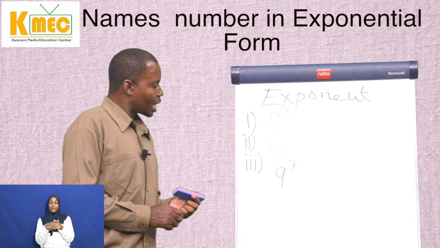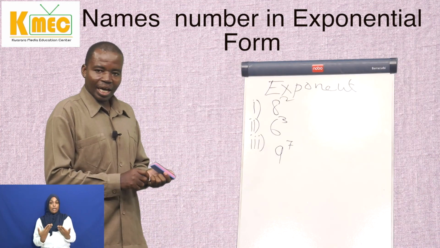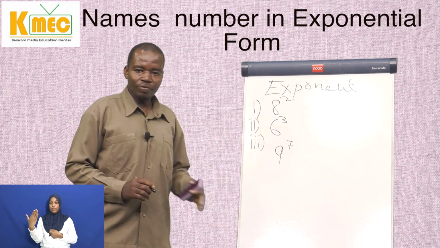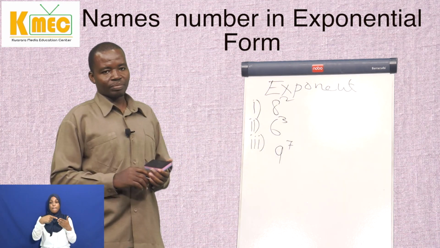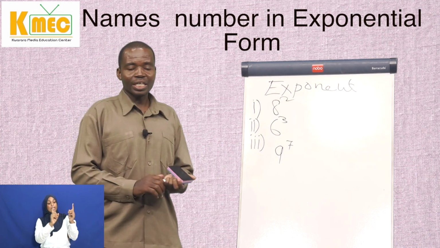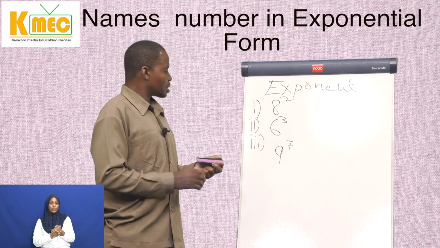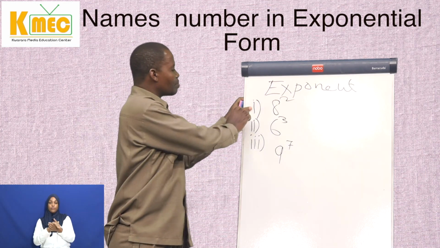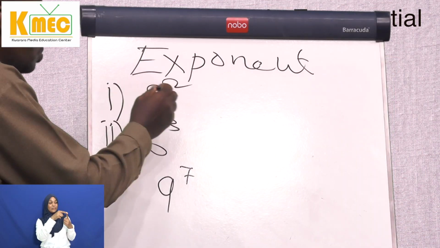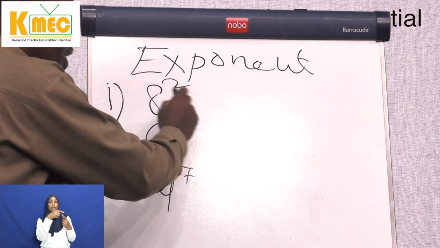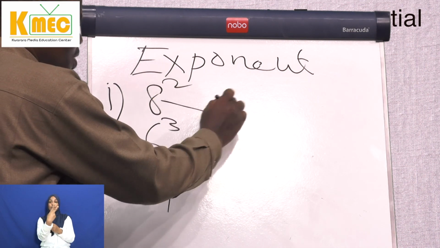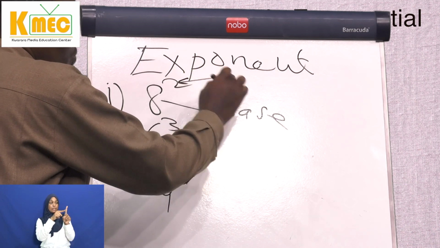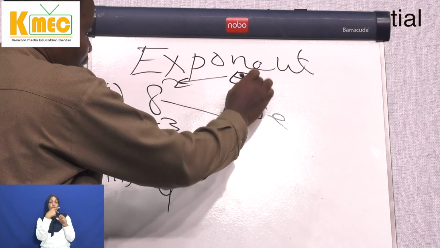Okay, good. So now let's move to another step. Here we want to see the names of those numbers in exponent form. Each number is given its name. So for example, if we look at number 1, this 8 is called the base, and the top number here, 2, is called the exponent.